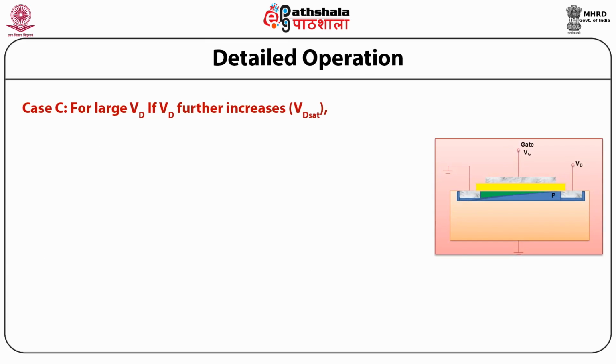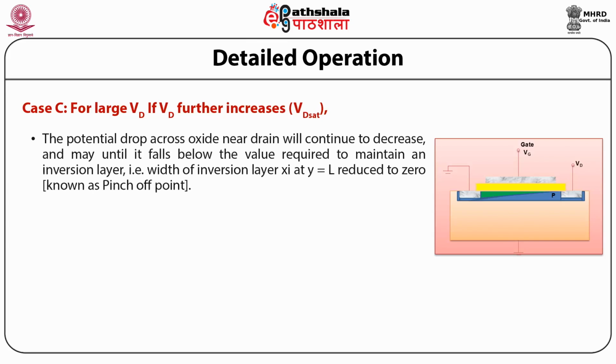That is, if VD further increases, it approaches the VD saturation. So the potential drop across the oxide near the drain will continue to decrease until it falls below the value required to maintain an inversion layer. That is, the width of the inversion layer, which is denoted by Xi at y equal to capital L, reduces to 0.